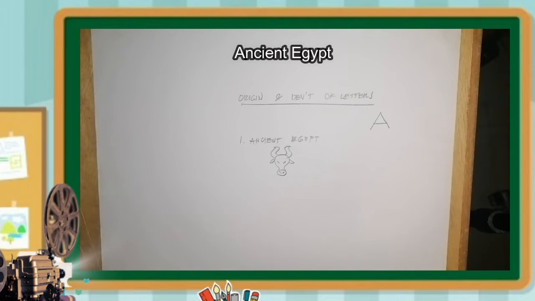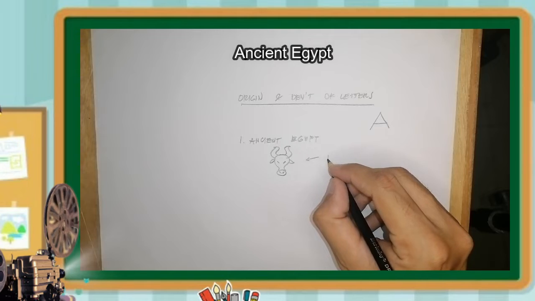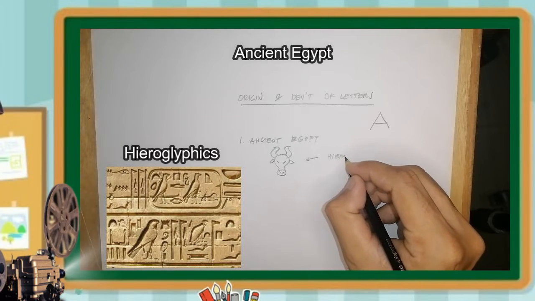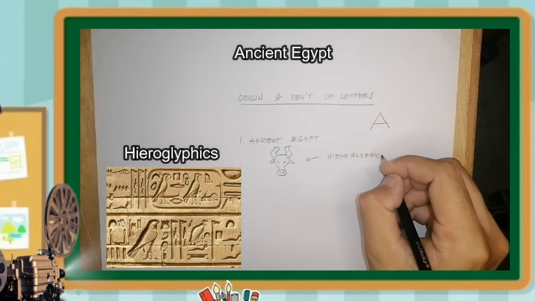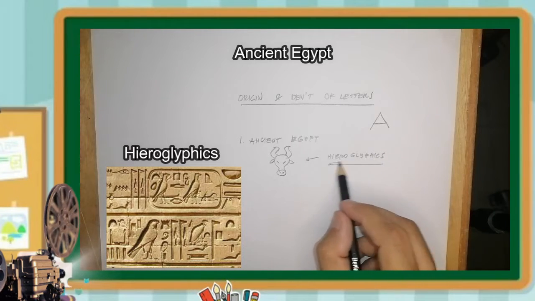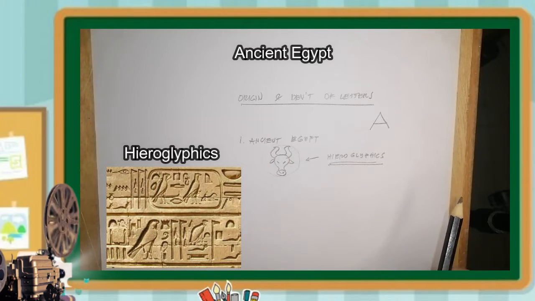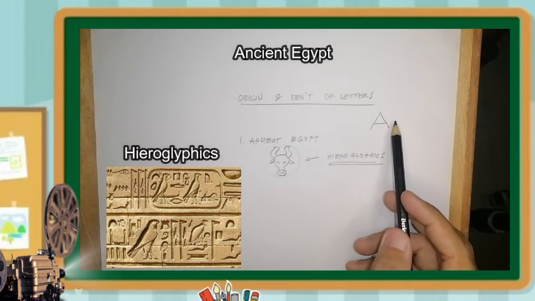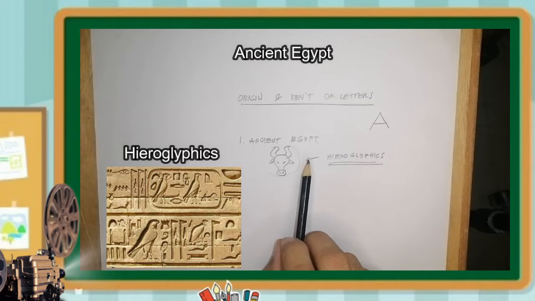This is their letter A. This form of writing is what we call the hieroglyphics. So they are making use of pictures for their letters. So this is their letter A during the ancient Egypt.